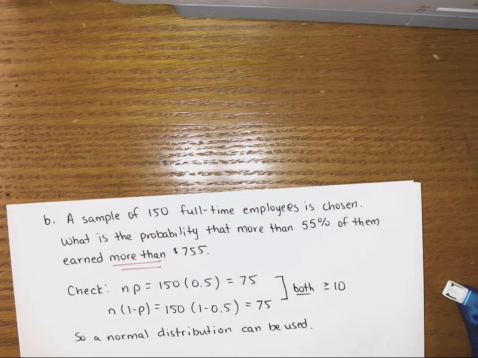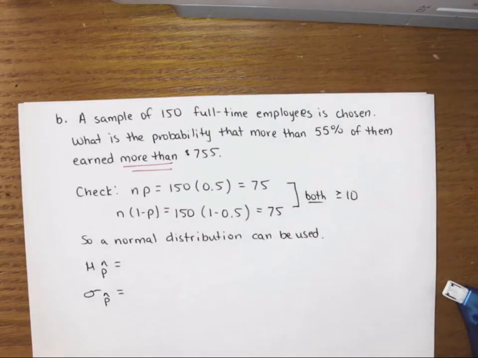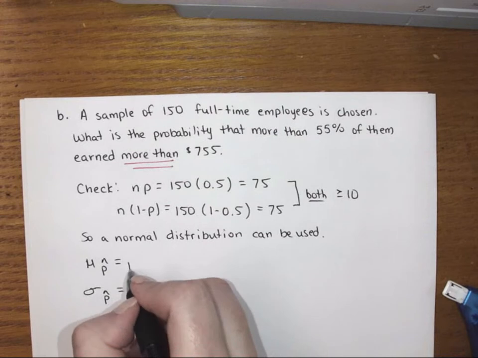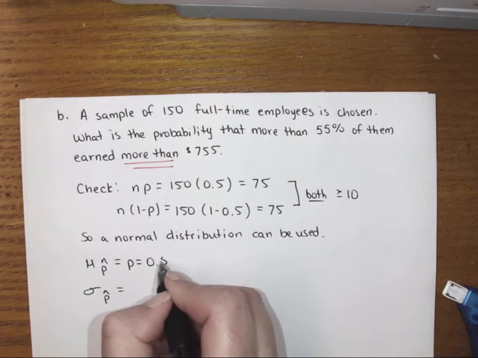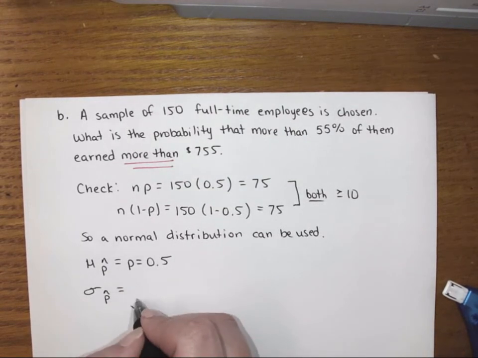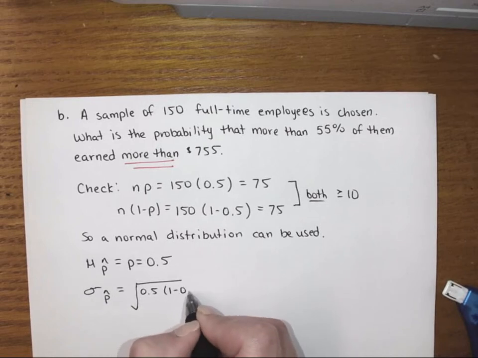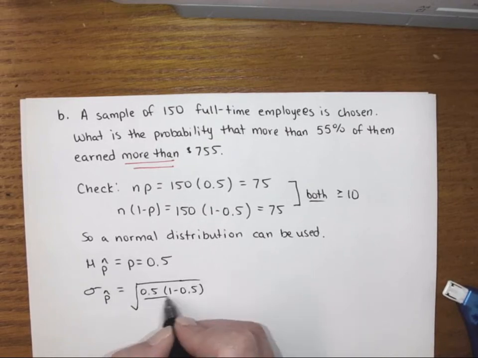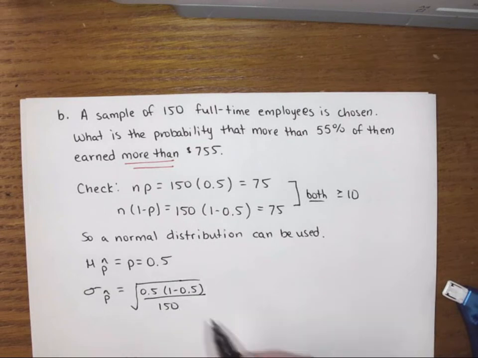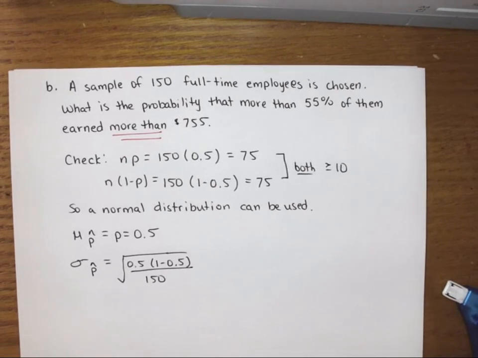Okay, so since it can be used, now let's find these two guys. So remember, the mu is just going to be the given average, and that was just 0.5. The standard deviation is going to be the square root of P times 1 minus P, divided by the total number of employees we're studying.